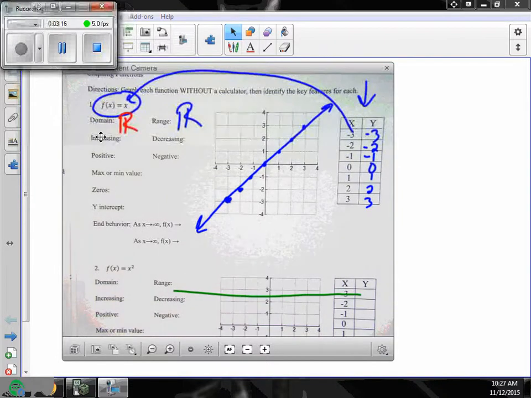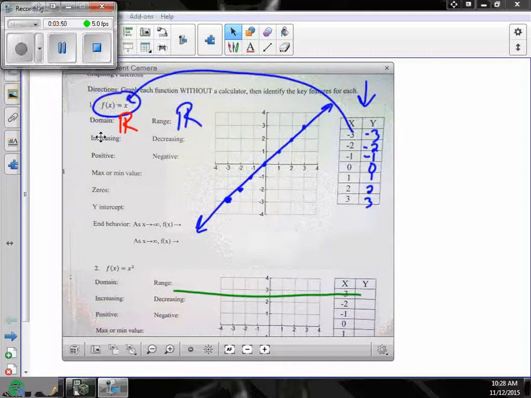Okay, increasing and decreasing. Remember that increasing and decreasing are measured as you travel from the left side of the graph to the right side of the graph. Because you could look at this and say, oh, it's going up and it's going down. But it depends on which direction you're facing. So we always look at it the same way we read a book. So where is this graph going up? You could say -infinity to infinity, or all real numbers.